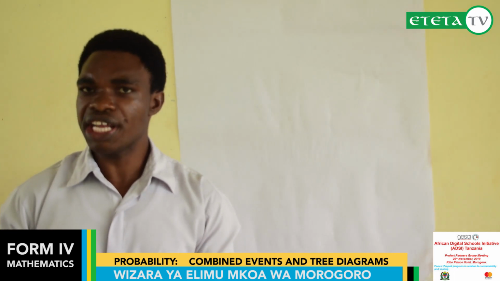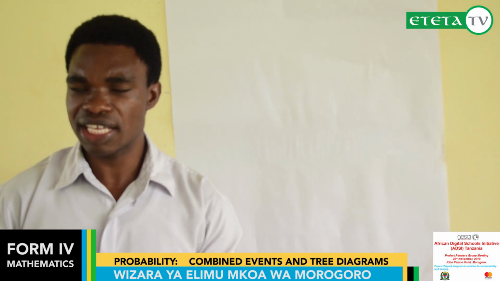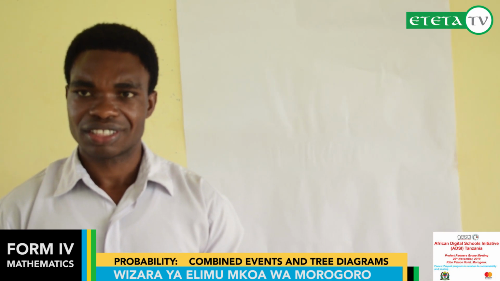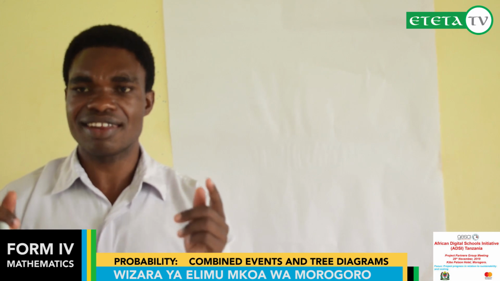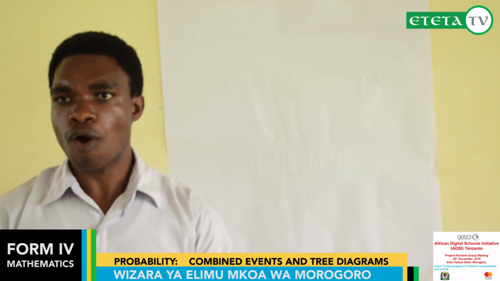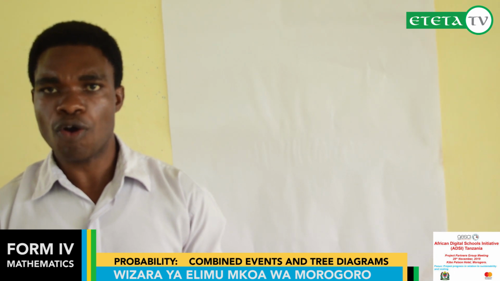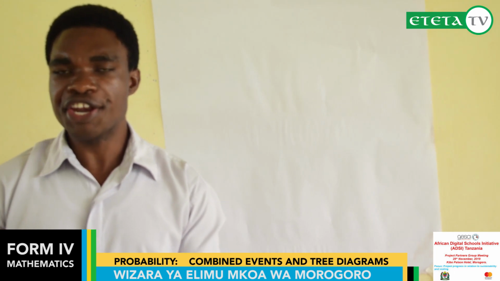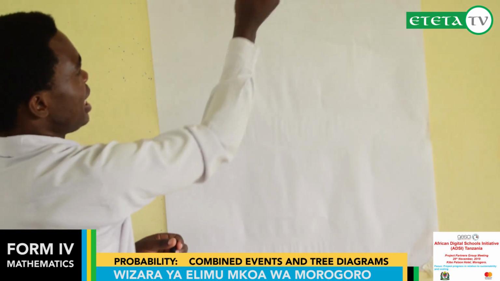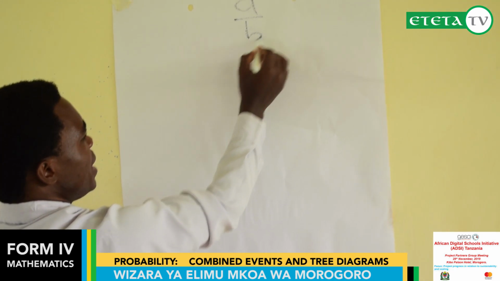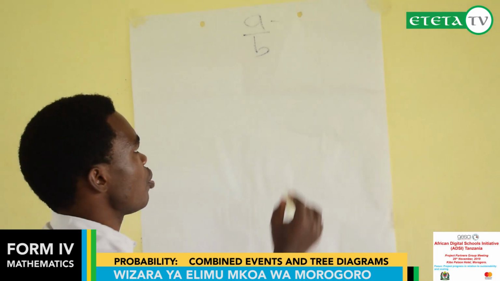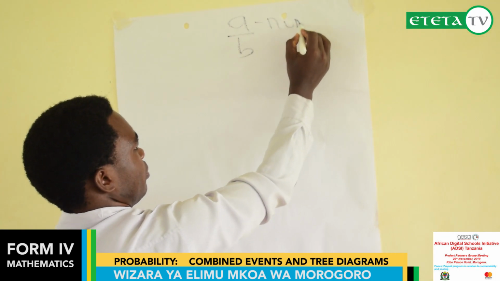First, we need to recall the concept of a fraction. Normally, a fraction is a number which can be written in the form of A over B. That should have a numerator and it should have a denominator. This A is called the numerator.